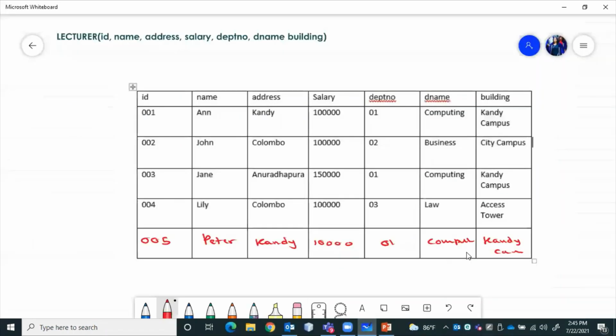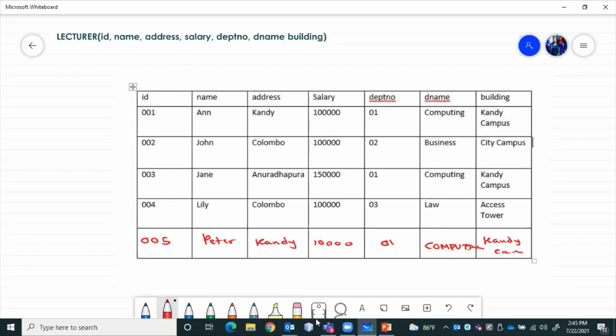Let's say this data entry operator, instead of inserting computing like this, inserts computing like this, or in caps like this. The department number is the same, department 1, but you have two different names. So data inconsistency is available.